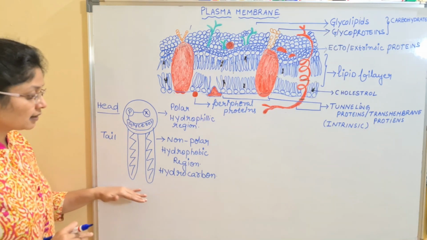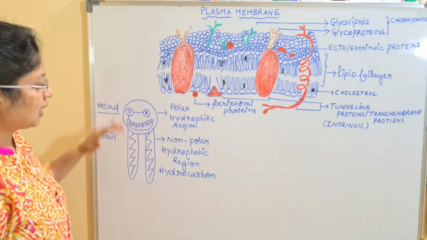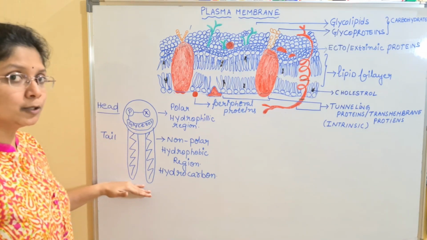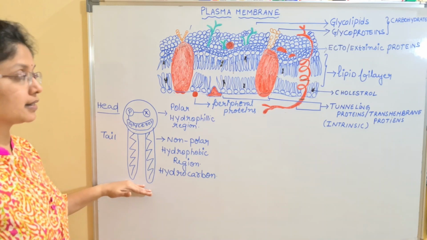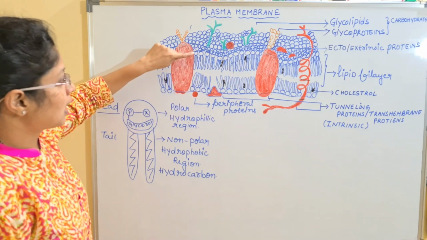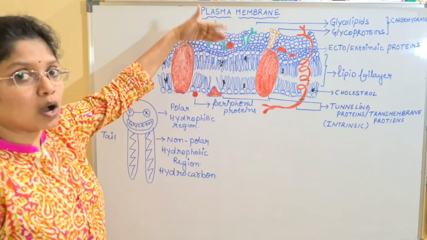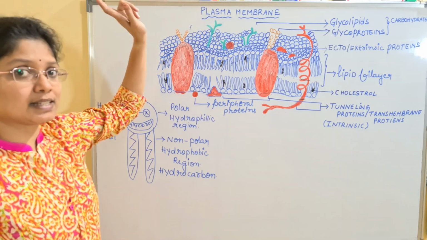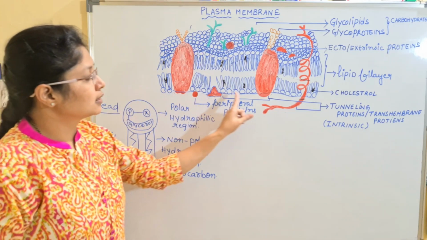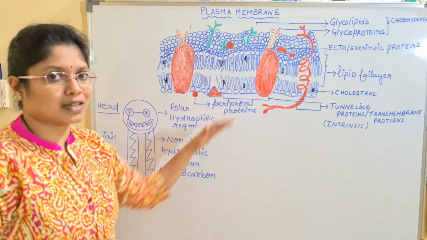And in this lipid molecule, the outer surface is polar, and the inner surface is the non-polar region. So if you compare with the membrane structure, the head molecules are oriented towards the outer surface, towards the cell exterior, and also in the lower leaflet of the plasma membrane, they are facing towards the cytoplasmic phase.